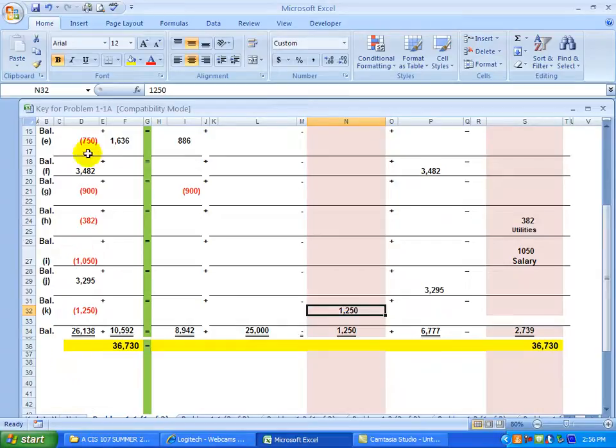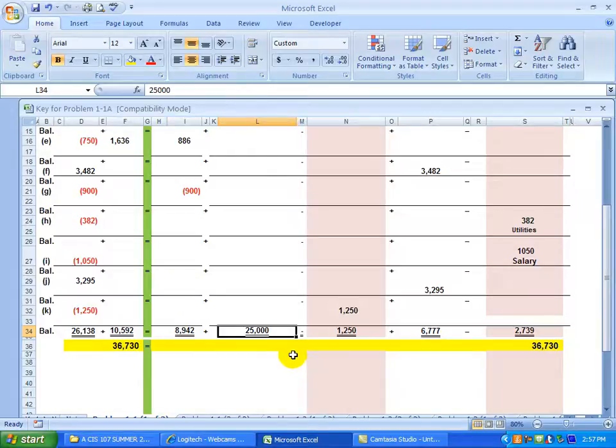Okay, and last, what you want to do is you want to total up each column. If you take all the numbers that are in cash and add them together, or subtract as indicated in red, you would come up with $26,138. The total to our office equipment is $10,592. The amount that we owe, $8,942.